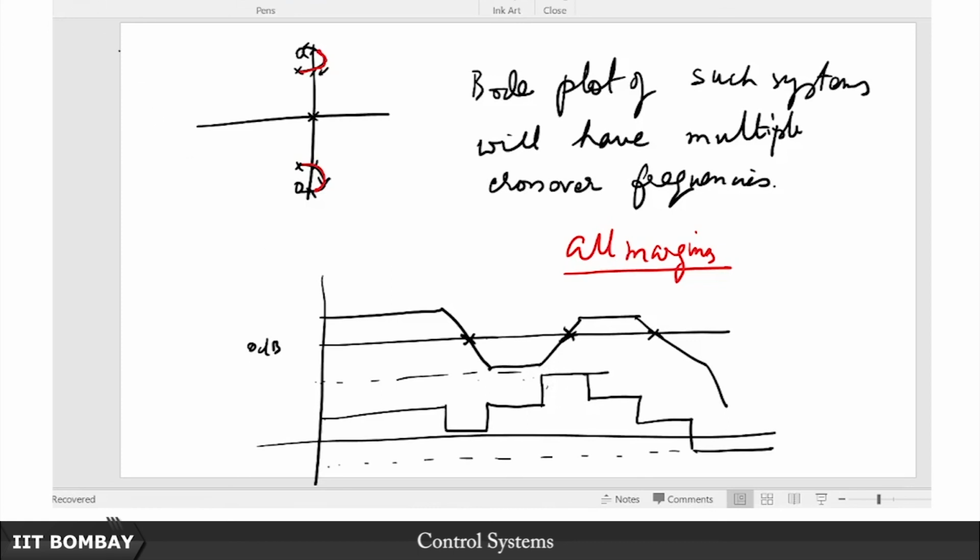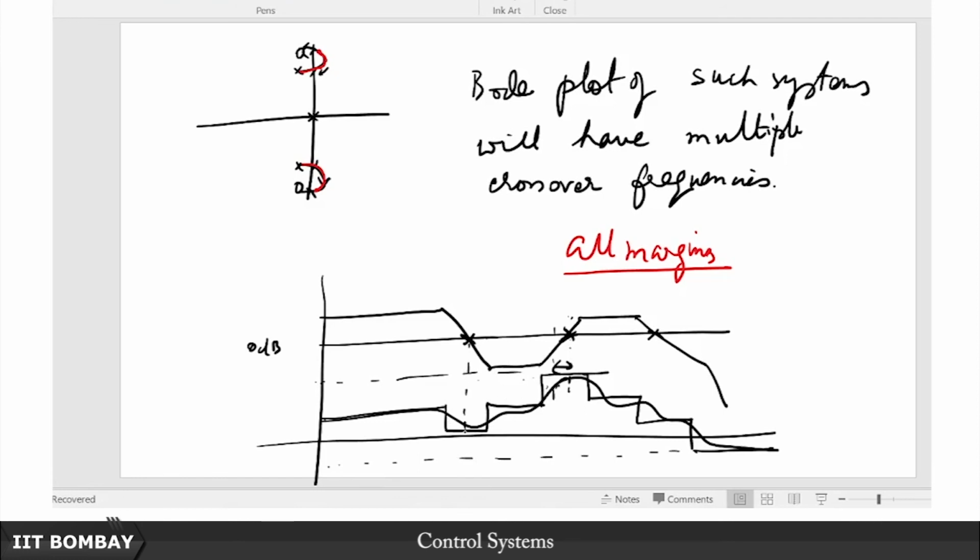So the phase plot might have multiple crossovers, so you cannot just count on its crossovers with the minus 180, right, even the plus 180 is as bad. So you see here that you are almost maybe close to the plus 180 degree. So this is your most dangerous combination, it turns out.